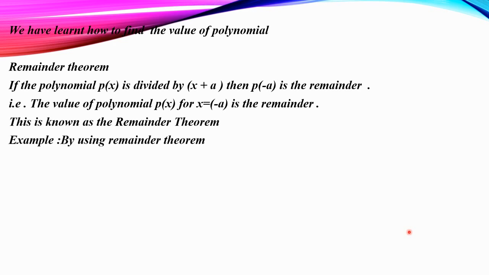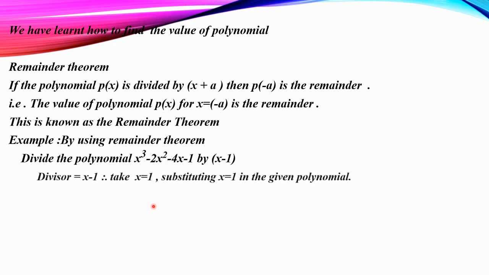We will be doing an example by remainder theorem. Dividing the polynomial x cube minus 2x square minus 4x minus 1 by x minus 1. Here the divisor is x minus 1.